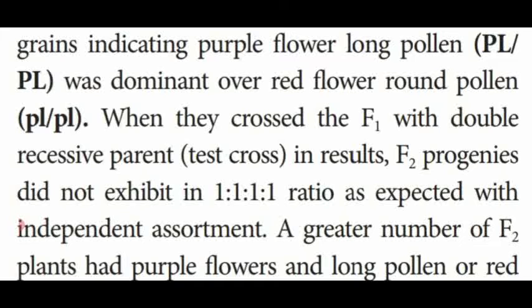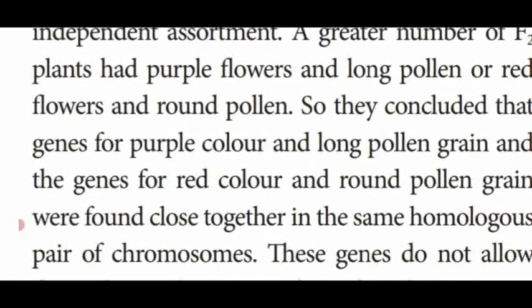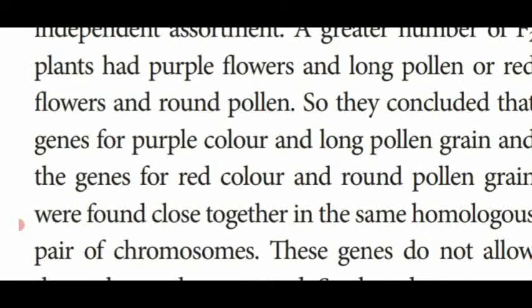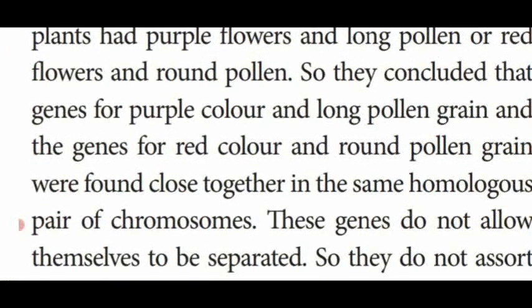But they did not get this ratio. Instead of that, both the parental characters showed a higher ratio than the intermediate ones. So they concluded that the genes for purple color and long pollen grain, and the genes for red color and round pollen grain, were found close together in the homologous pair of chromosomes, so they do not assort independently.